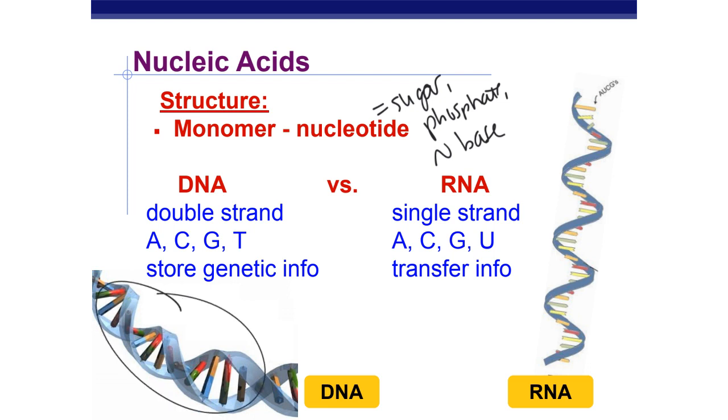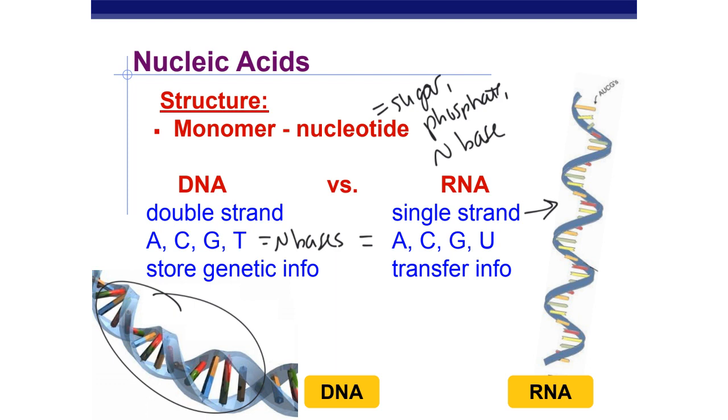That's our double helix that we see down here. RNA is single-stranded. Again, we'll do more detail with this, but get some down now, right? RNA is single-stranded. DNA has adenine, cytosine, guanine, and thymine. These are the nitrogen bases. RNA has adenine, cytosine, guanine, uracil.